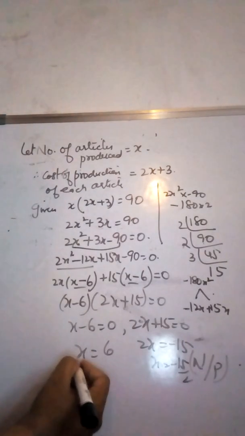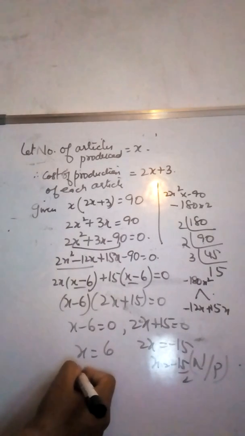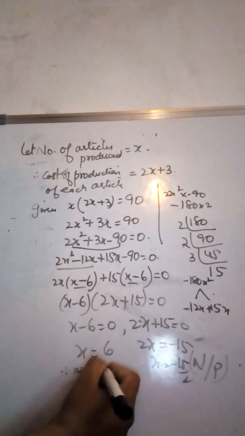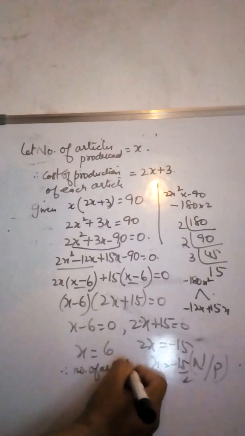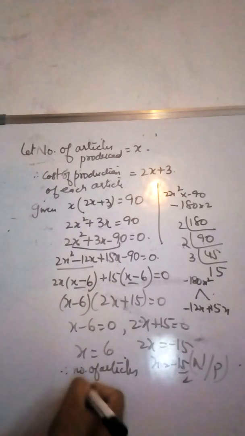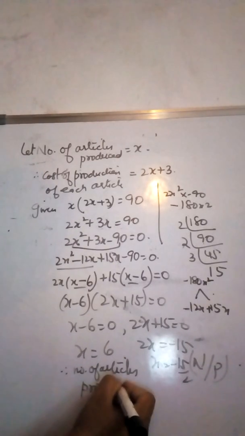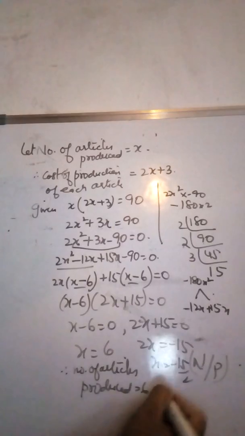Therefore, the number of articles produced is equal to 6.